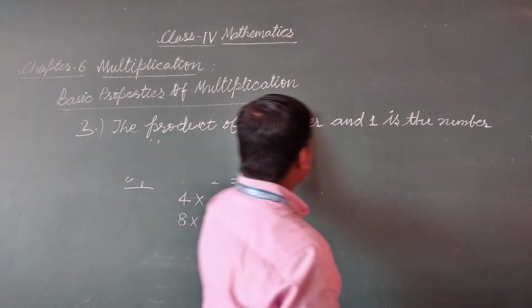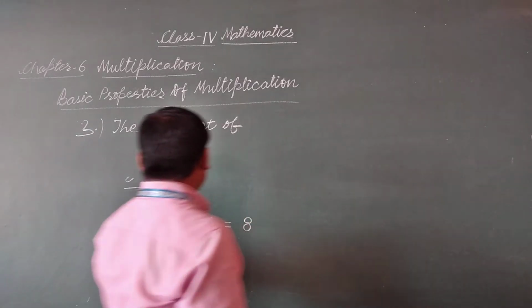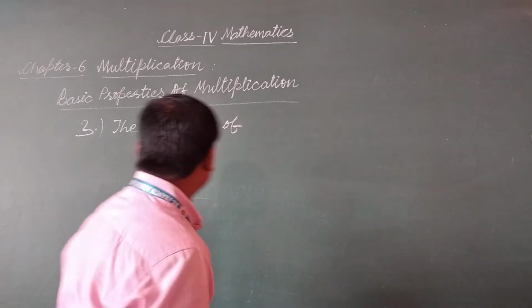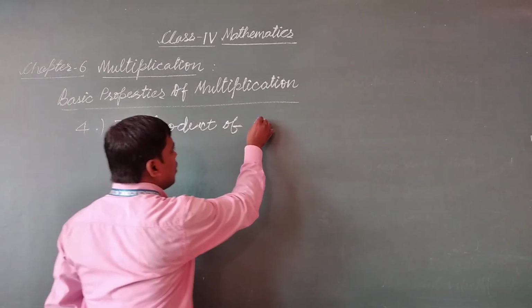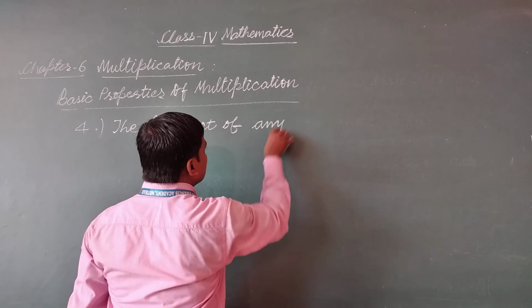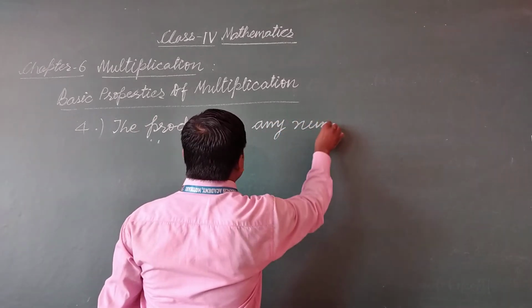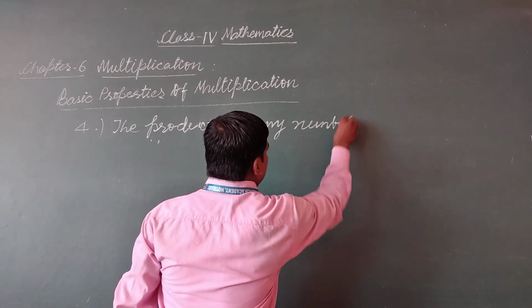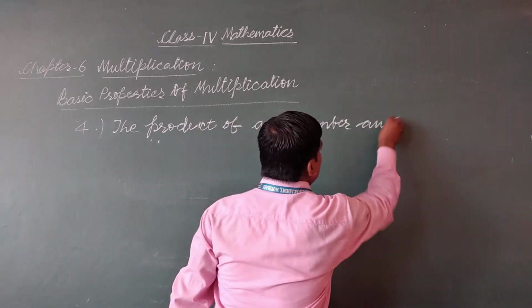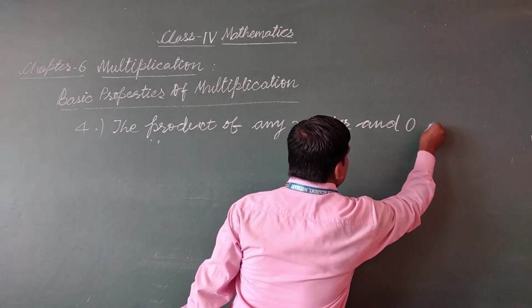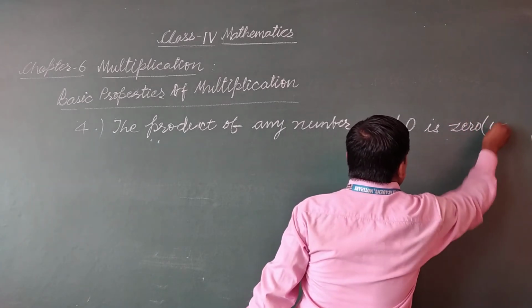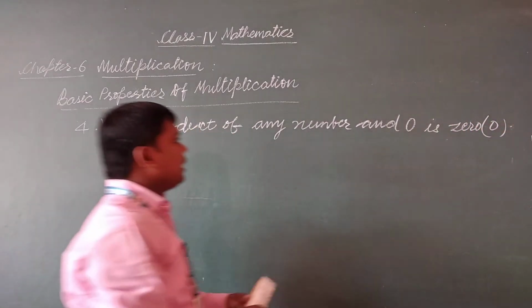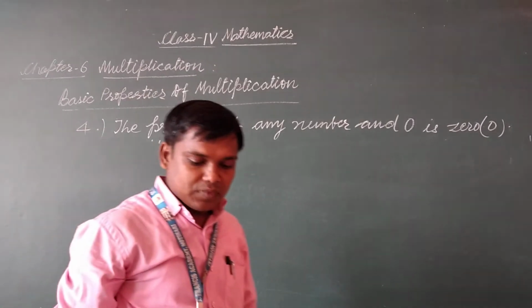The next is the product of any number and 0 is 0. Means our fourth property is the product of any number and 0 is 0.